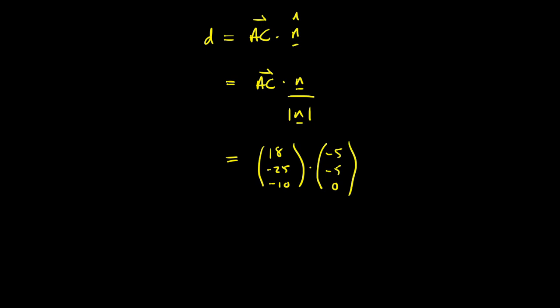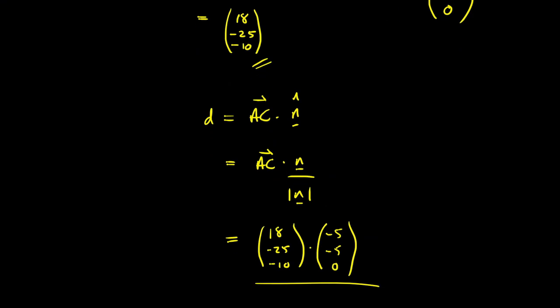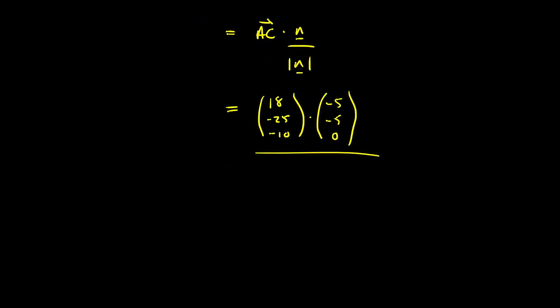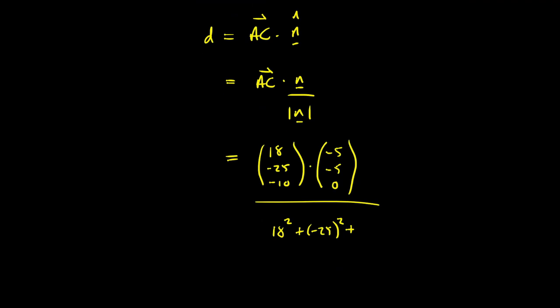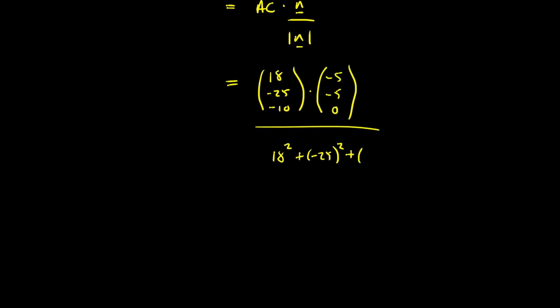And I'm going to divide it all through by the magnitude of the normal, which is 18 squared plus negative 25 squared plus negative 10 squared, all square rooted. Okay, so now what I've got to do is put that into a calculator and see if it gives me the right answer. Okay, so I'm just going to put all that in.